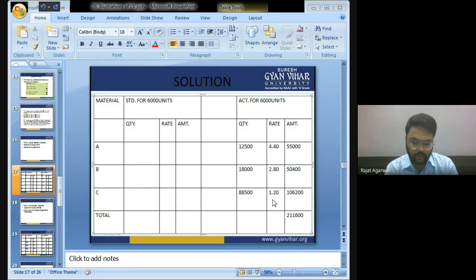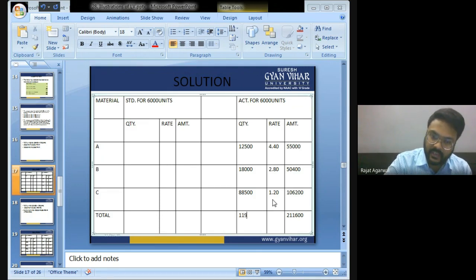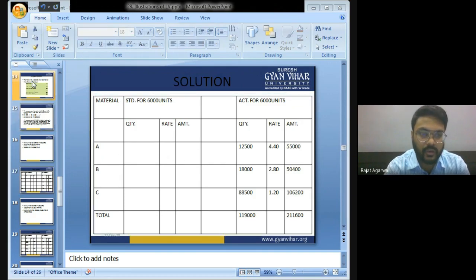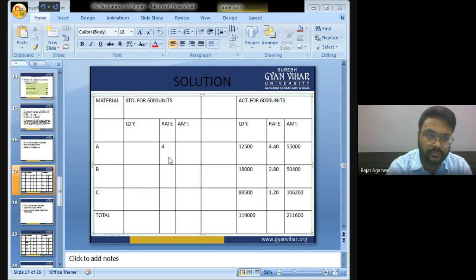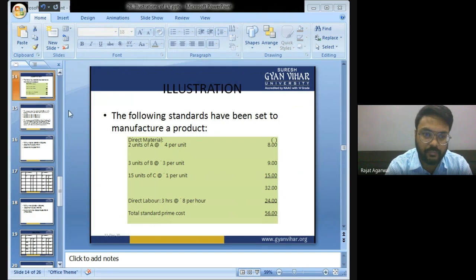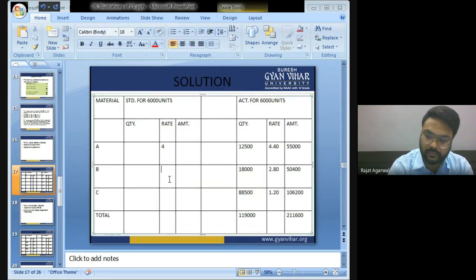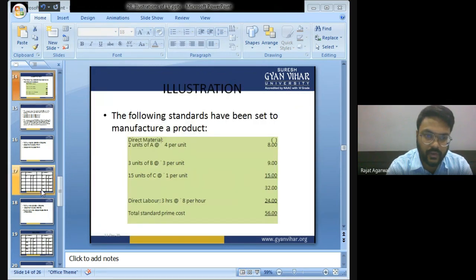Unit total: 12,500 plus 18,000 plus 88,500, 1 lakh 19,000. Now, standard rate of A is 4. Standard rate of B is 3. Standard rate of C is 1.